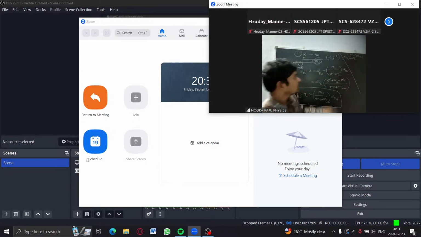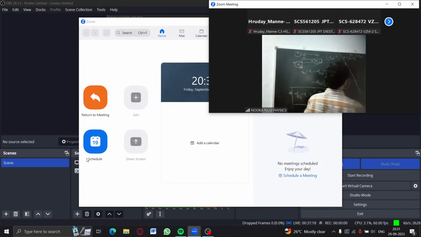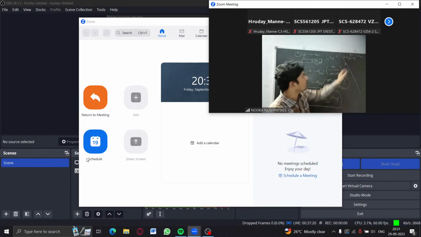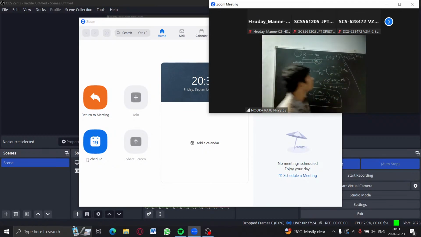The distance of m2 with respect to ground. This is very important. Here x represents the distance traveled by the body, m2, with respect to ground.